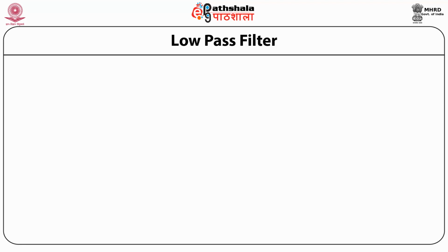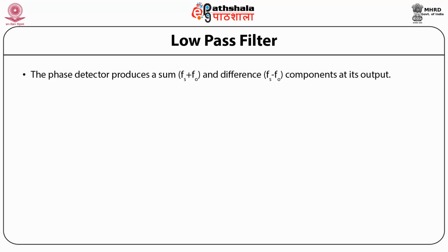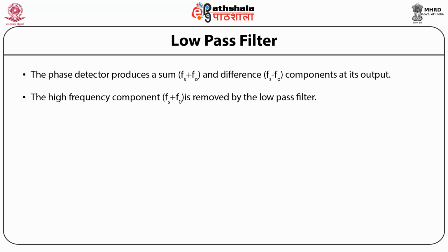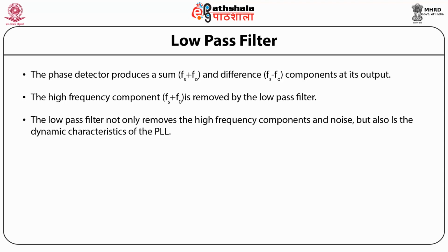Low pass filter. The phase detector produces a sum Fs plus F0 and difference Fs minus F0 components at its output. So the high frequency component Fs plus F0 is removed by the low pass filter. The low pass filter not only removes the high frequency components and noise, but also influences the dynamic characteristics of the PLL.